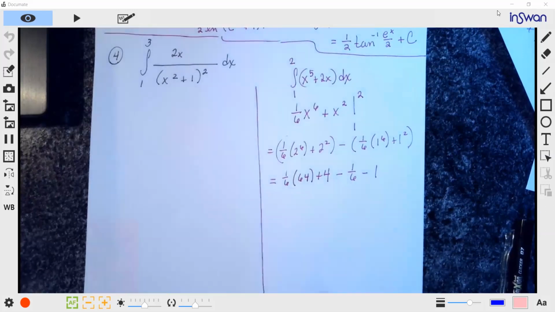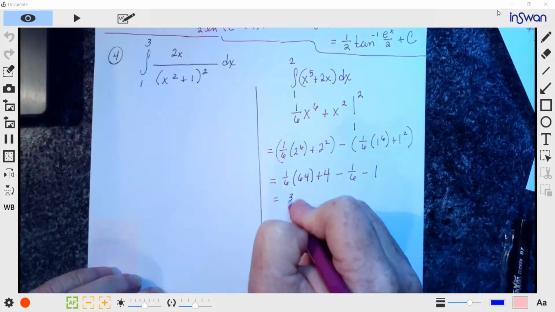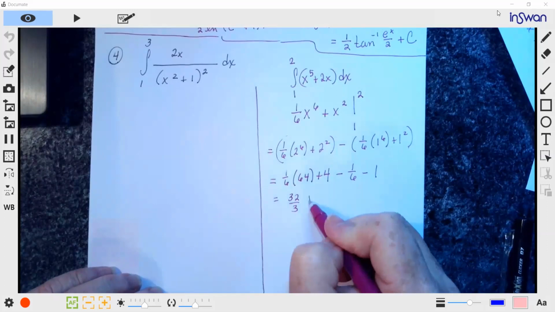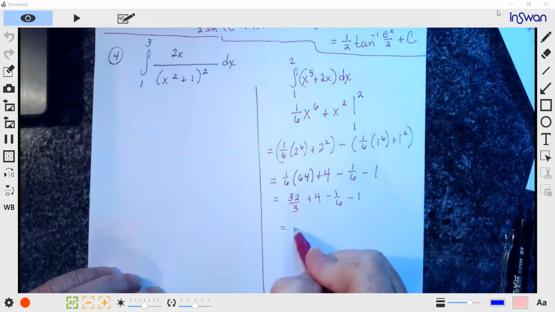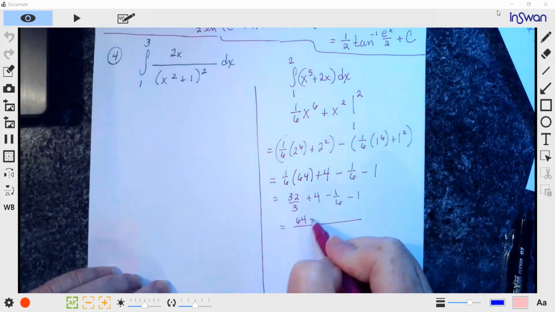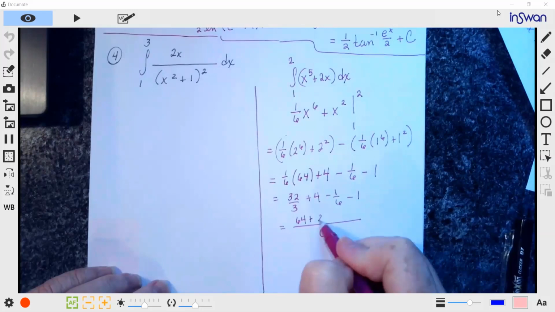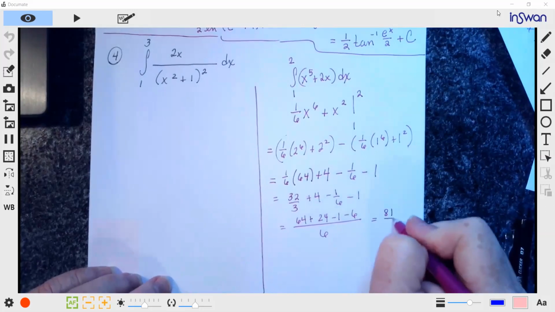So we will have 64/6, which is 32/3, plus 4 minus 1/6 minus 1. So my common denominator would be 6. So what? 88 minus 7 is 81/6.